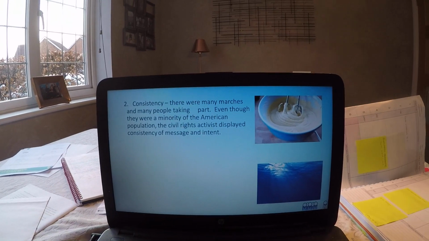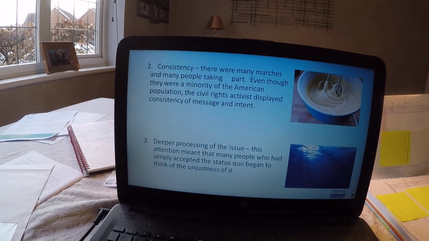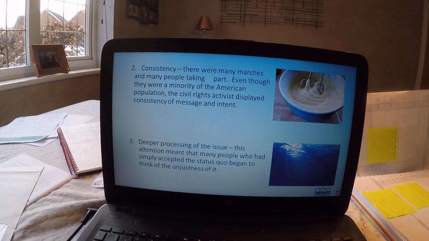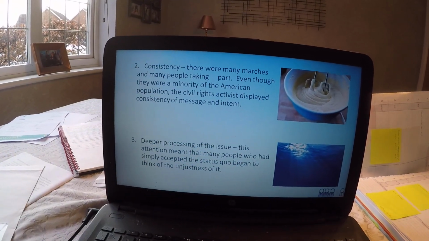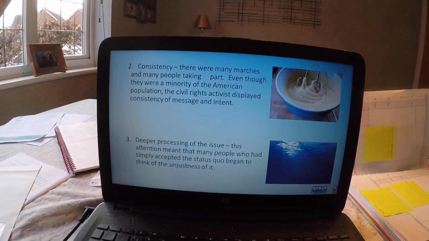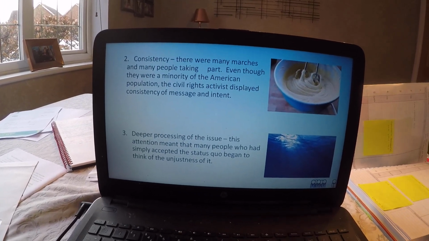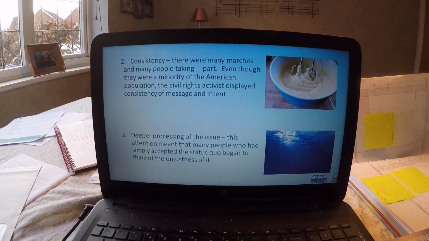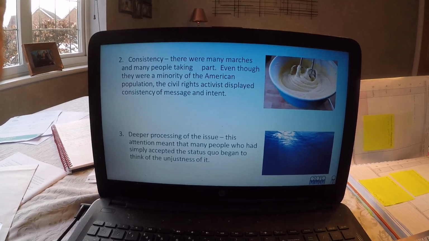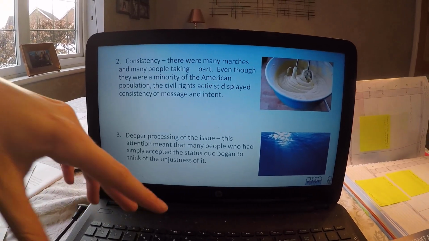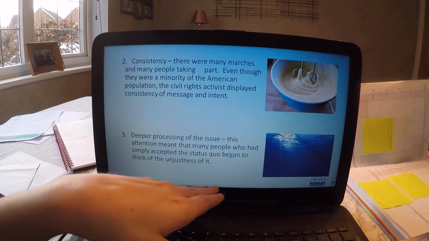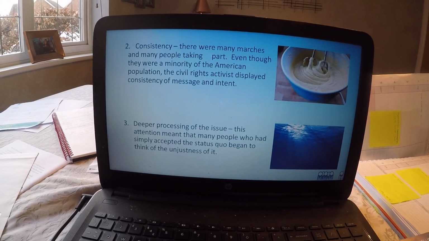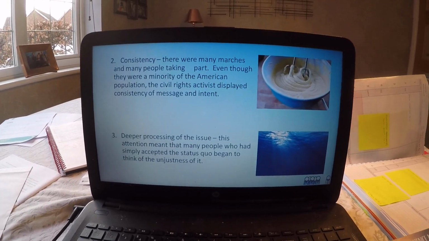So that's our second point. Thirdly, deeper processing of the issue. Back to this example, this attention meant that many people who had simply accepted the status quo, which would have been that there should be segregation and that black people were inferior in the 1950s, are now starting to set off some cogs in our American society.